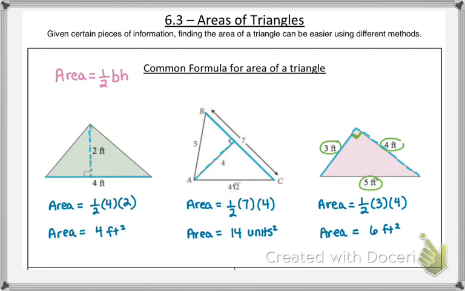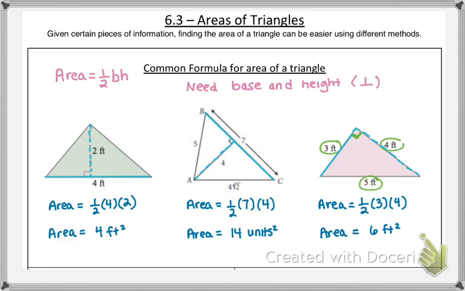So in order to use this common formula to find the area of a triangle, what we need is the base and the height. And remember, they have to be perpendicular to each other.